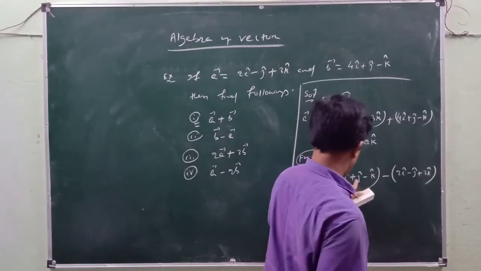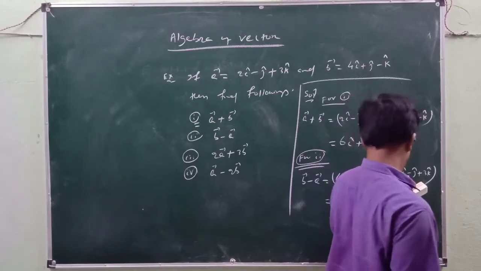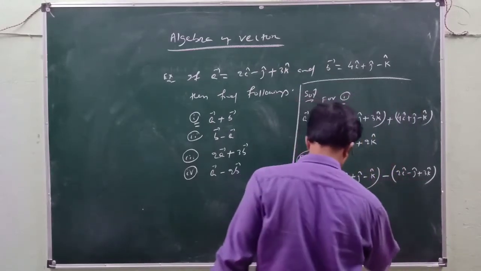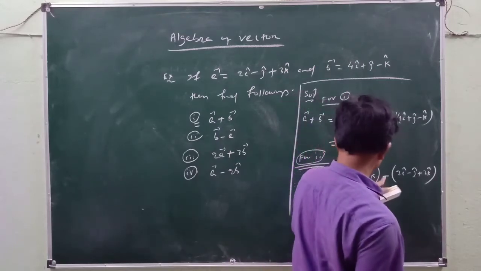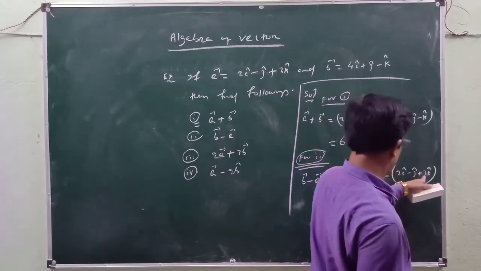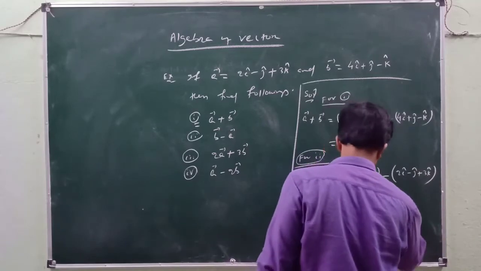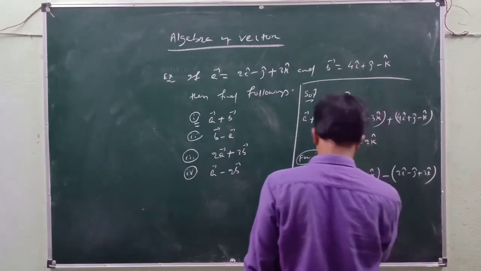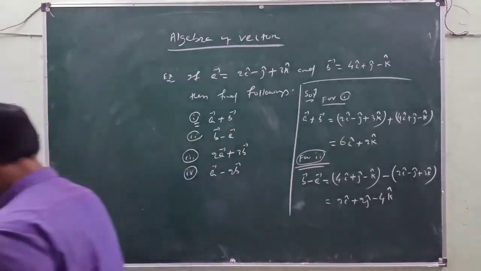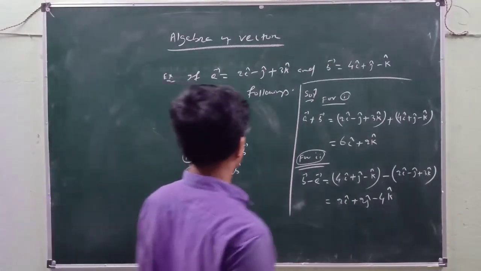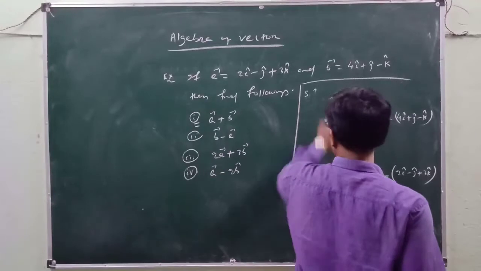Then 1 minus of minus 1, it will be plus 2j cap. Then minus 1 minus of 3, so it will be minus 4k cap, which will be the required answer of second. Then comes the third.